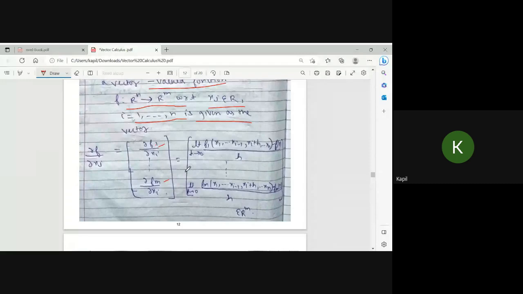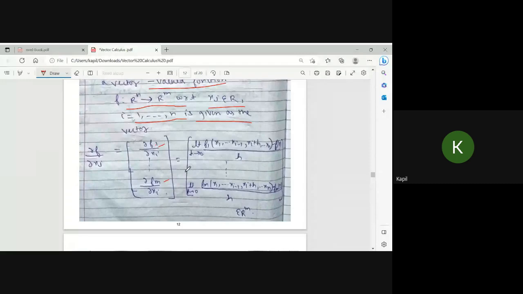But we know that the gradient of f with respect to a vector is the collection of the partial derivatives. Each partial derivative del f upon del xi is itself a column vector. Therefore, we obtain the gradient of the function from R to the power n to R to the power m with respect to x by collecting these partial derivatives. So our gradient will become del f(x) upon del x1, and so on, because it is the collection of partial derivatives with respect to all the variables of x, x1 up to xn. But here f(x) is also m dimensional.